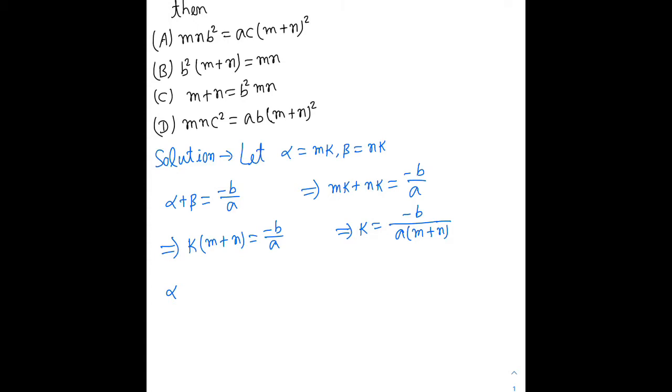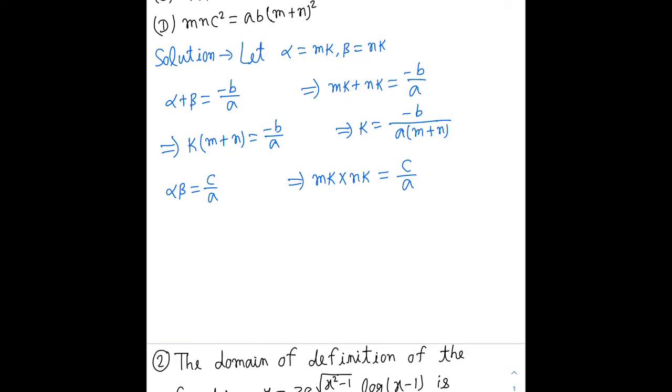Now another formula is the product of roots, alpha into beta, which is c by a. Now alpha is mk and beta is nk, so mk into nk becomes mn k square. Now we need to eliminate k because no option is having k. Over here you are getting k square, so in place of k you can substitute this.